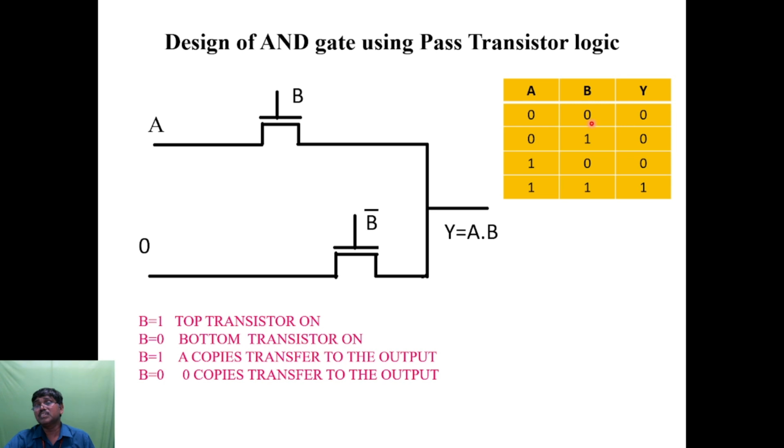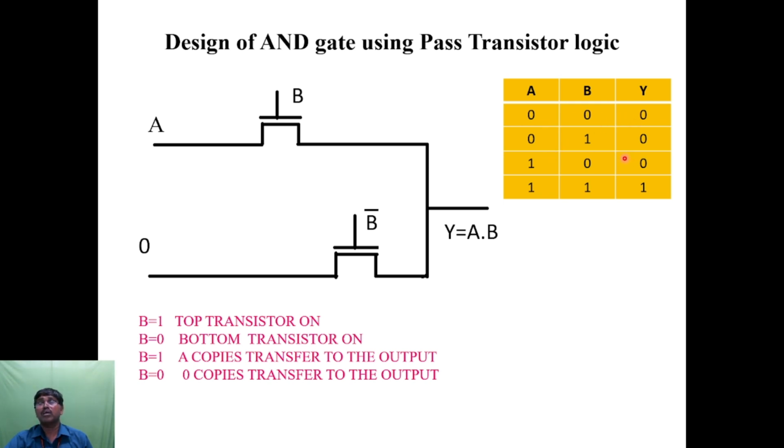Now see here, B is equal to 0, and again here B is equal to 0, so both control inputs are 0. Now we will check the data input. When A is equal to 0, what about the output? Here it is 0. And when A is equal to 1, the output will be 0. Irrelevant of the data input, when 0, output will be 0, and when 1, output will be 0.